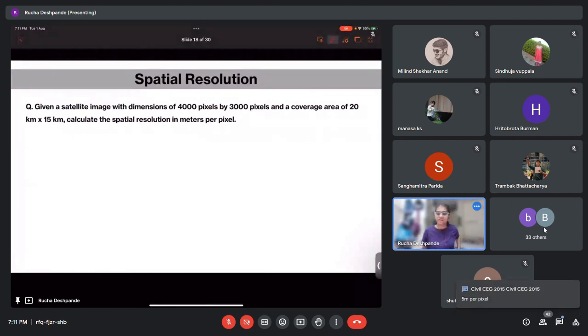Anyone else? Most of the people are getting 5 meters by 5 meters.